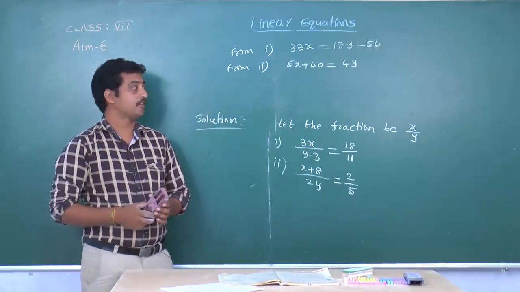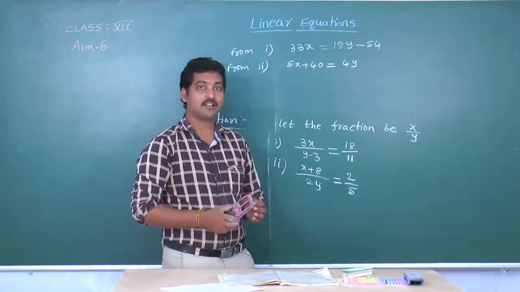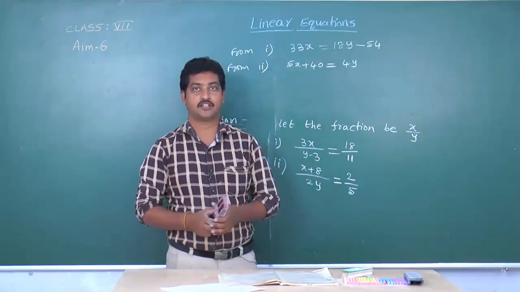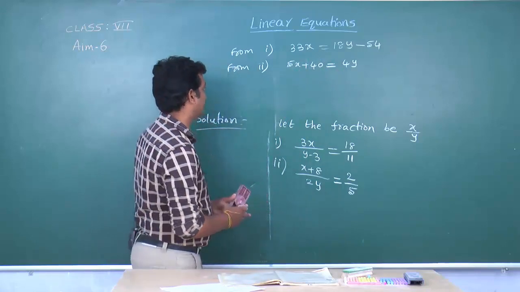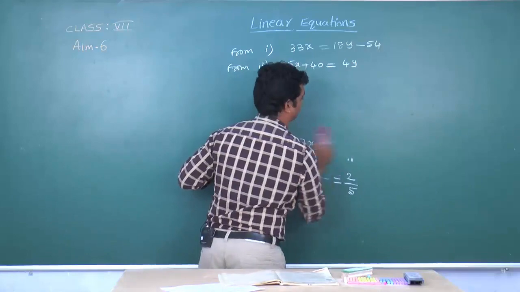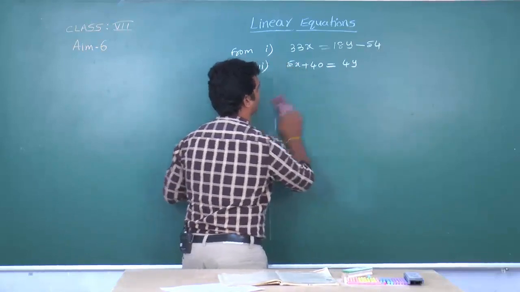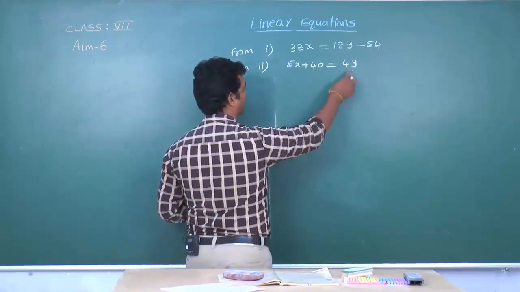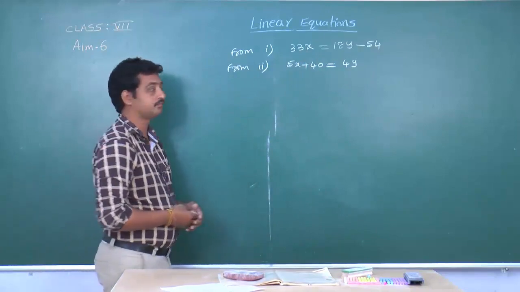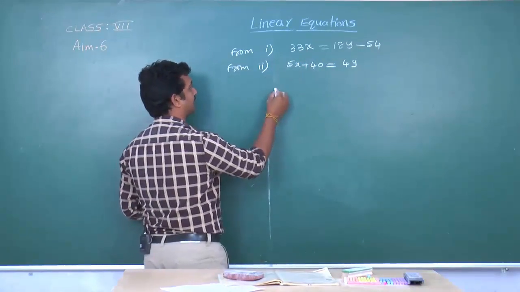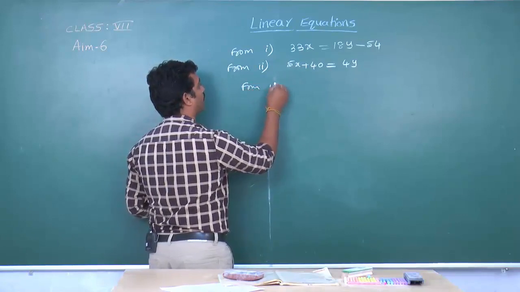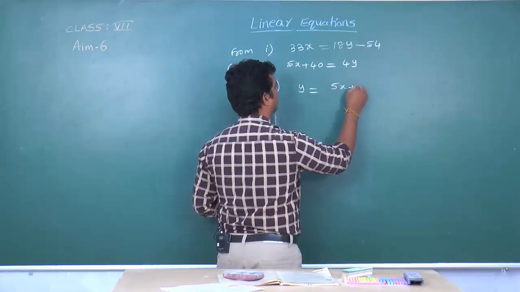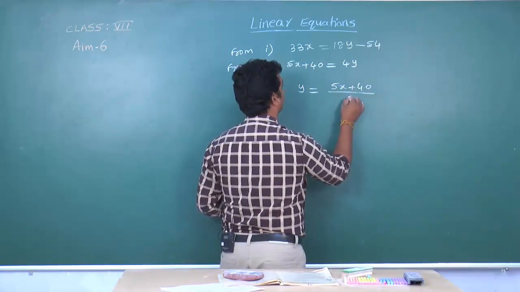Now, by following any one of the known methods, we can solve these two equations. So I am using here the substitution method. From 2, make y as a subject and substitute here. Then from 2, y is equal to (5x plus 40) by 4.